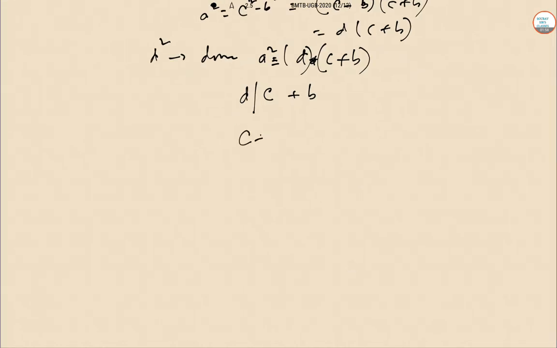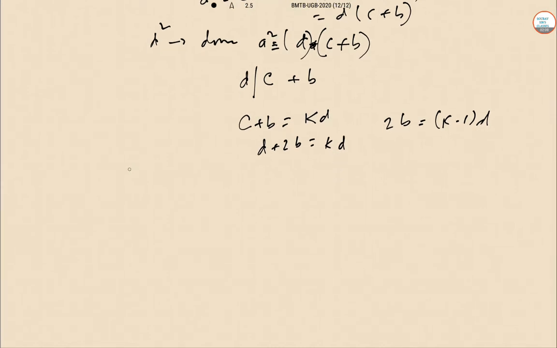So c plus b we can take as kd, and d plus 2b equal to kd again. So 2b equal to (k minus 1) into d after equating. Now let p greater than or equal to 3 be a prime factor of d.